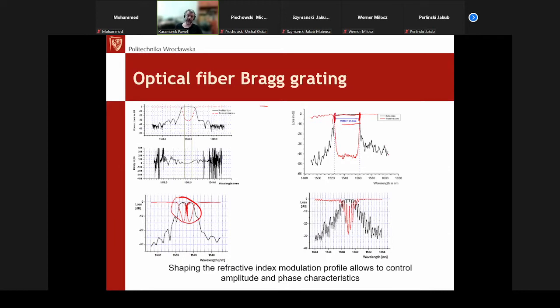We can make a Bragg grating also in some special design, for example, to modify its dispersion characteristic. I showed you here the typical dispersion of, let's say, a filtering Bragg grating. It should be flat or at least linear, but you can imagine we can make a Bragg grating which has a period changing along the Bragg grating, I mean, along its length.